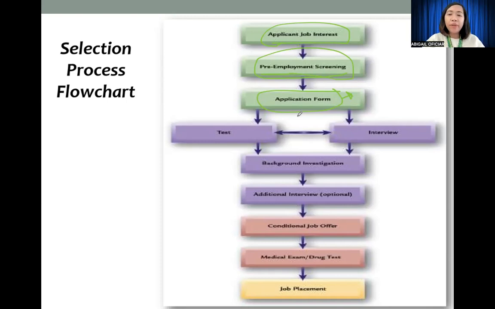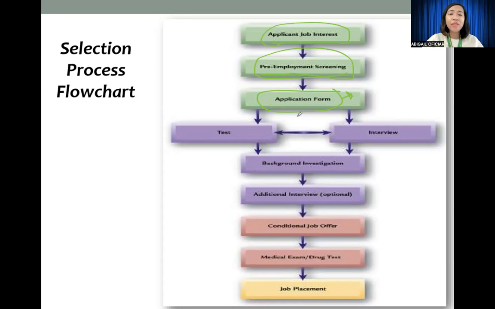The application form is also our guide on what things you have to check as part of the background of the applicant. In a resume, sometimes the applicant does not know how to make a resume, and puts in whatever they like.